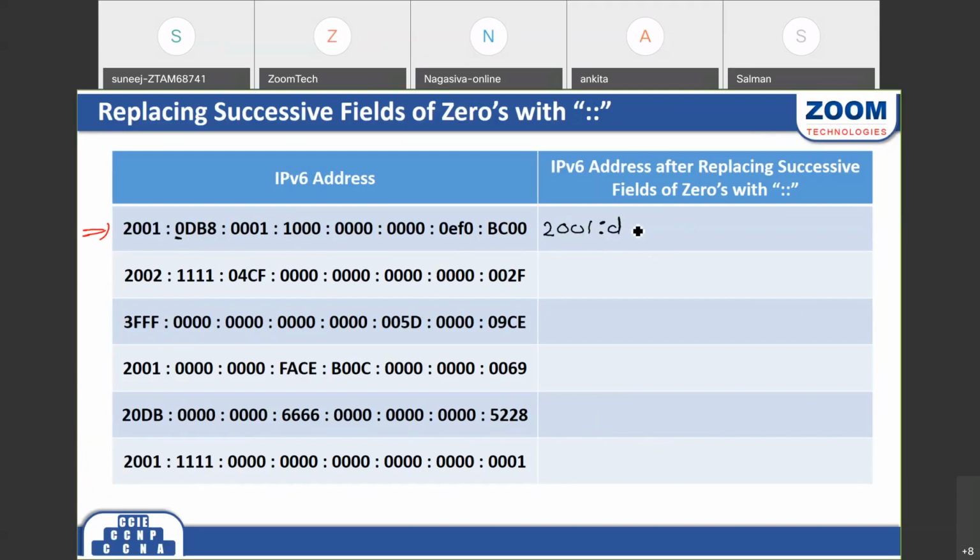And write DB8 colon, the leading 3 zeros are being omitted. That is 1 colon. And the next quartet should be written as is, 10000, and 2 fields of zeros you can represent with a double colon. Again, the leading 0 is omitted. You can write it as E0 colon BC00.